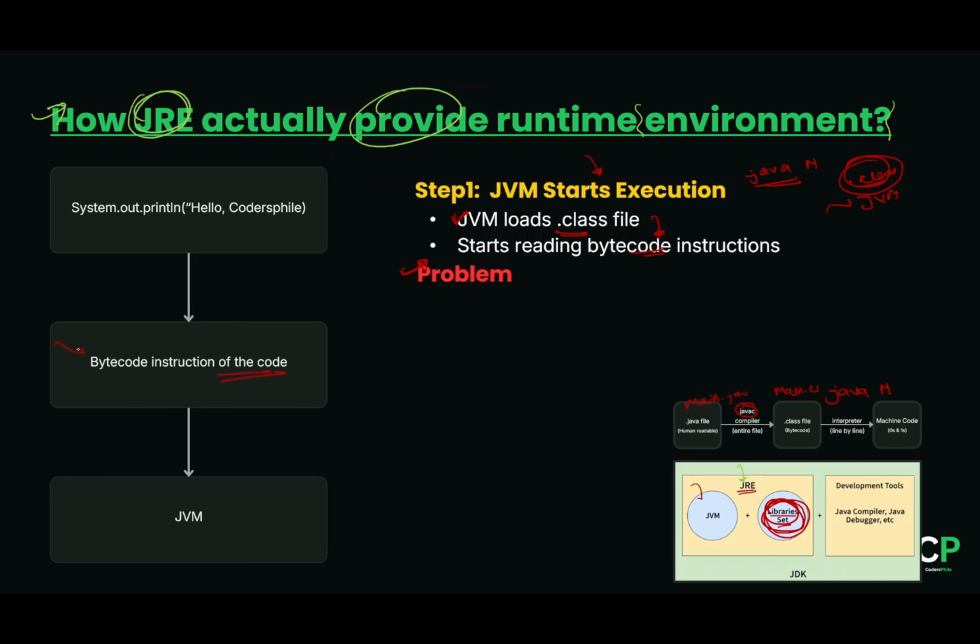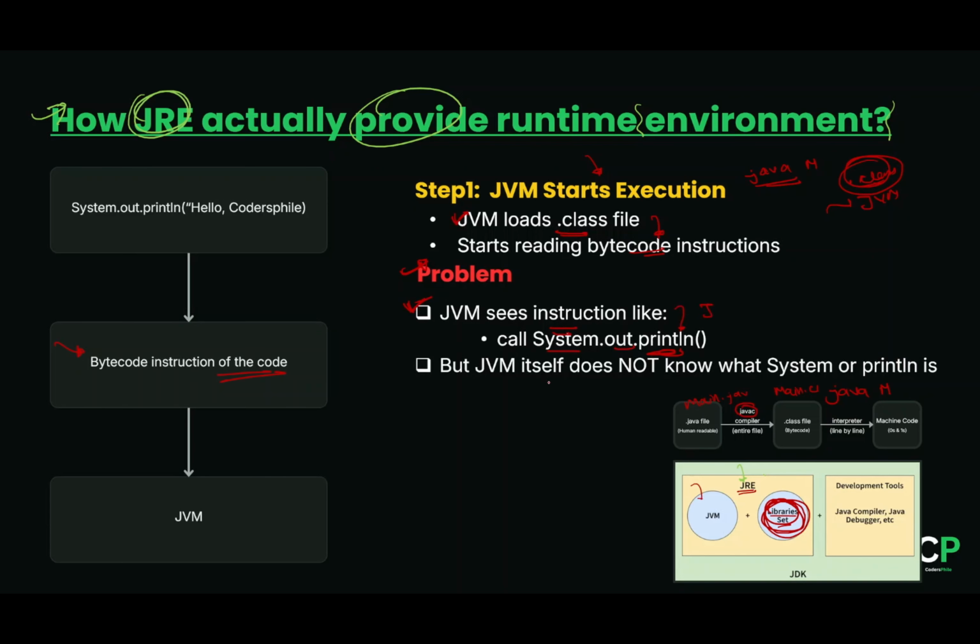When the JVM sees an instruction like System.out.println, the JVM itself does not know what System or println is, because the role of the JVM is to convert the bytecode instructions to machine code instructions. The JVM itself does not know what the System or the println is.